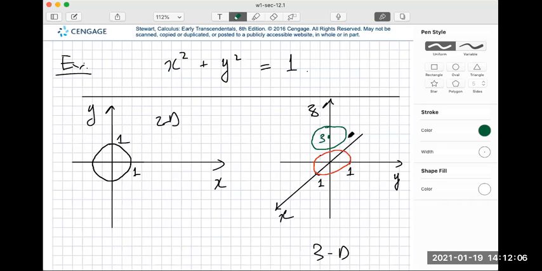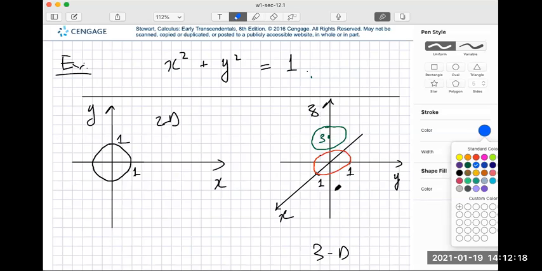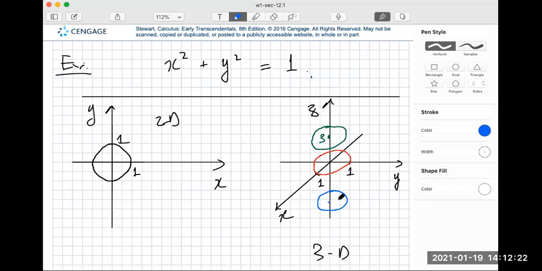Does the green circle satisfy the equation here? Yes. So how about the blue circle here at the point, let us say -5. Does it satisfy the equation here? Yes.